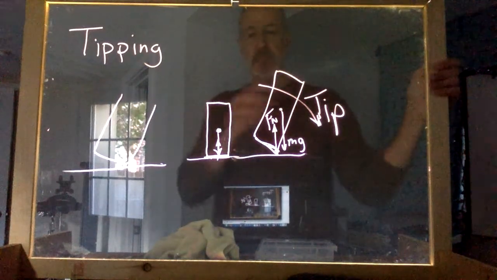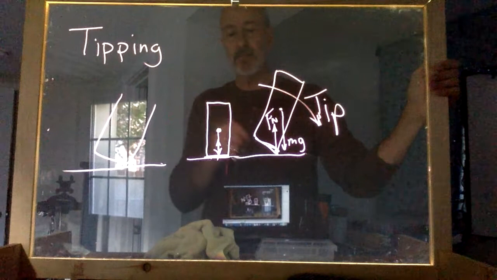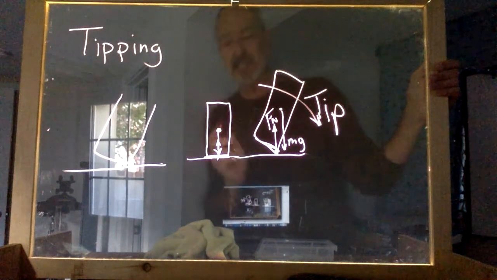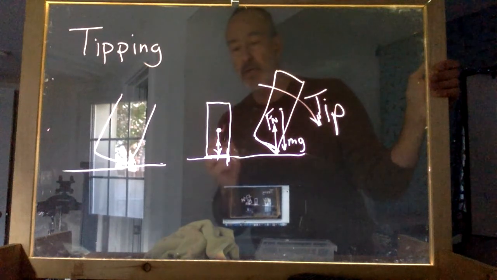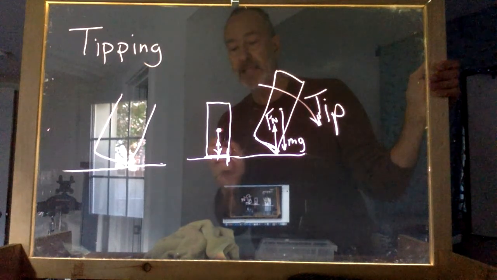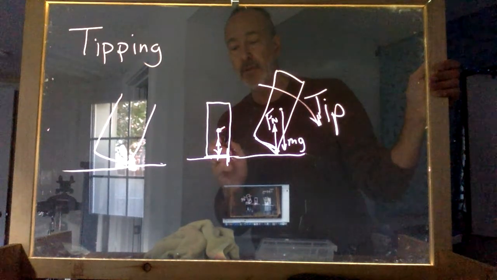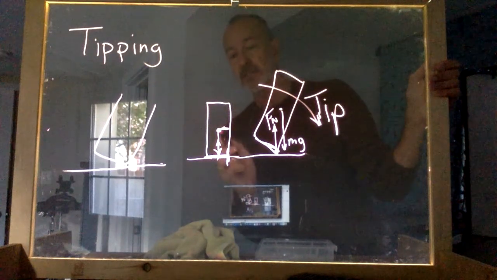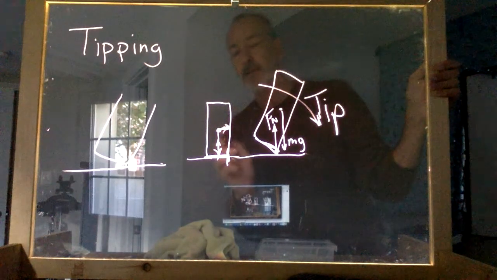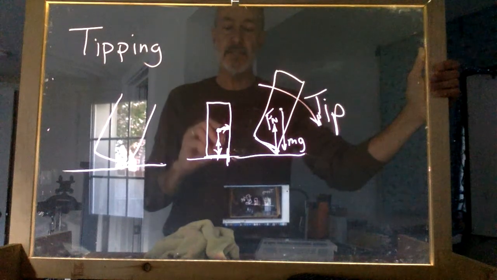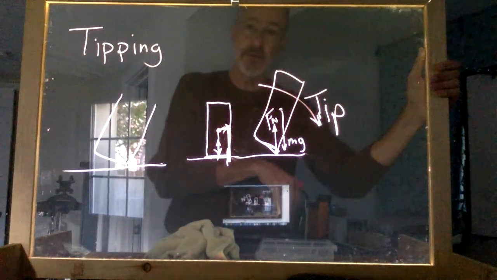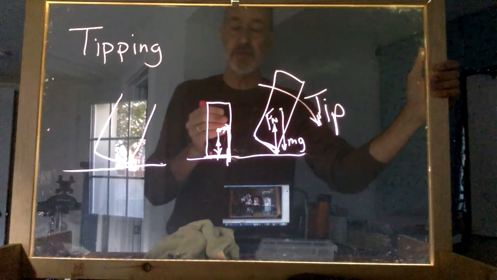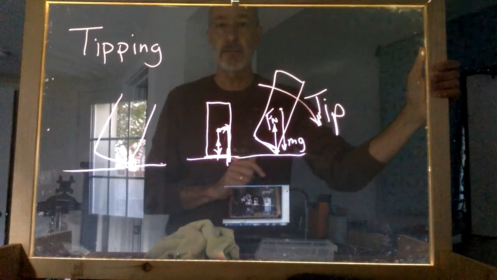If I give it a little push this way, it takes a lot to get the mg to go past the base, outside the base. I actually have to lift the center of mass up a little bit, right? Anytime you tip this thing, the center of mass is going to rise a little bit. So it's only after the center of mass passes the base here that it will tip over. If I don't push it far enough to do that, it'll fall back.